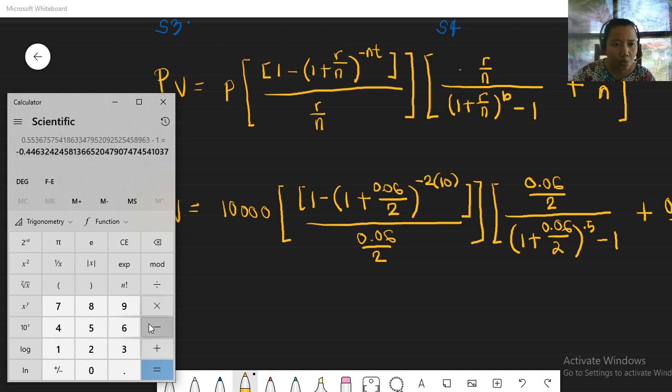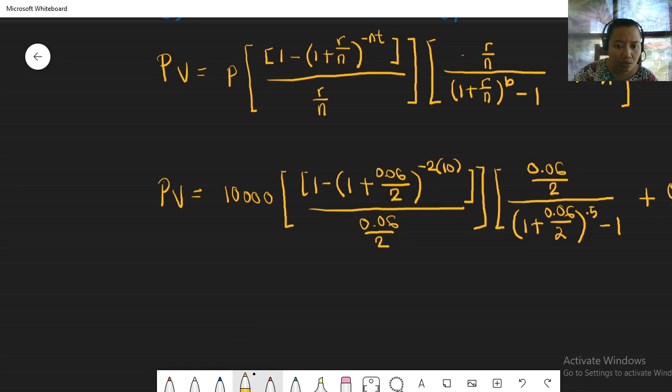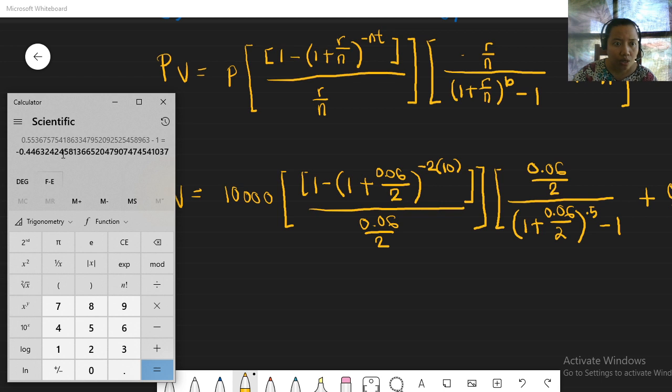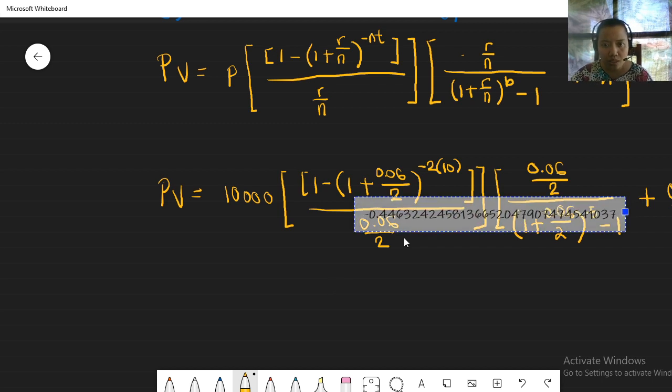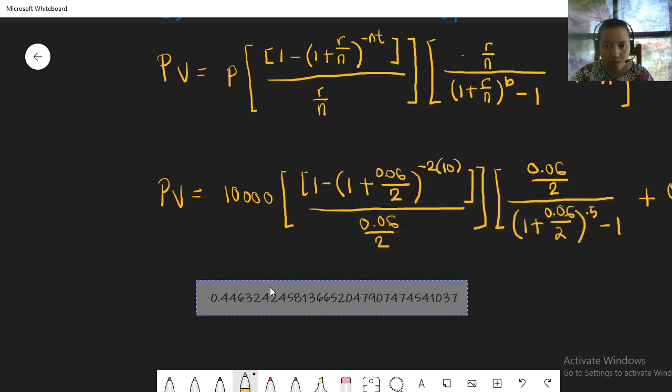Let's disregard our negative sign. This would be the result for our numerator. Let's copy all the numbers after the decimal point.